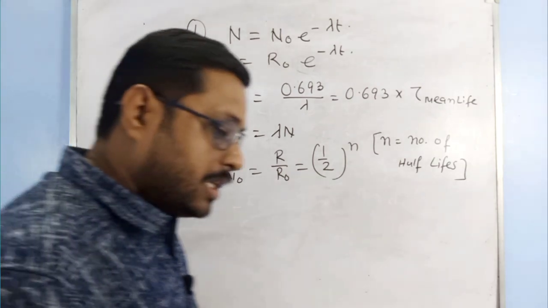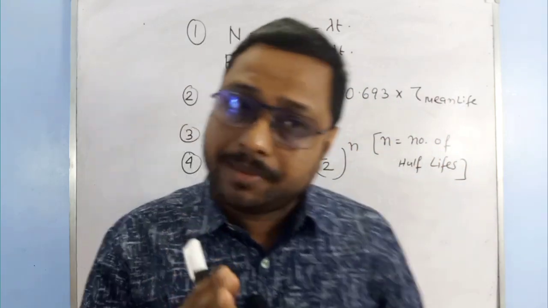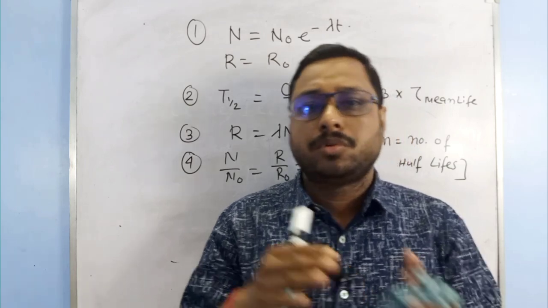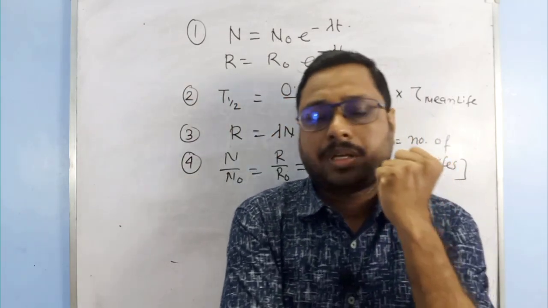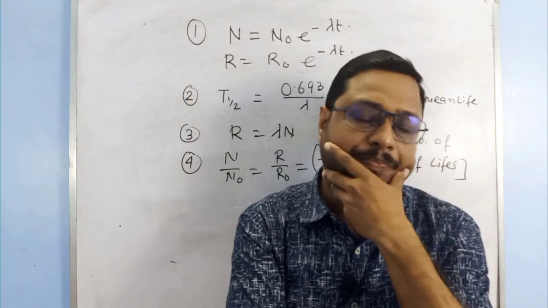So, the half life is the total time in which a radioactive sample decays to its half value, to its original value, or it reaches to its half of its original value.